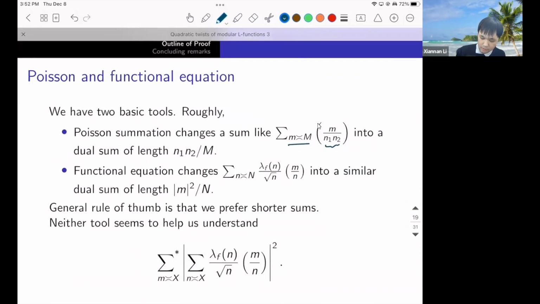The functional equation will change this type of sum with λ_f(n) over root n, χ_m(n), into a similar dual sum of length m squared over n. Okay. So both of these are basically of the form conductor over the length of the original sum.